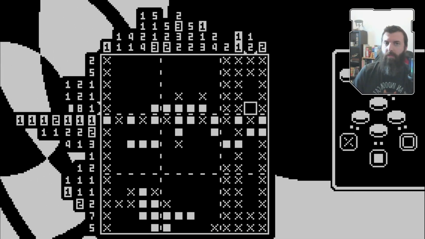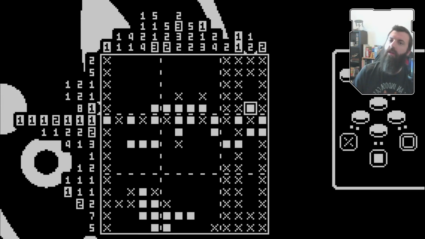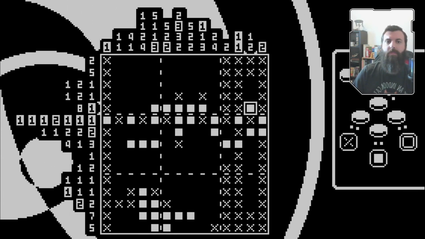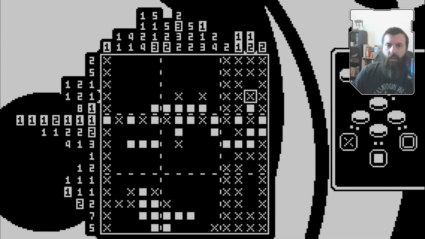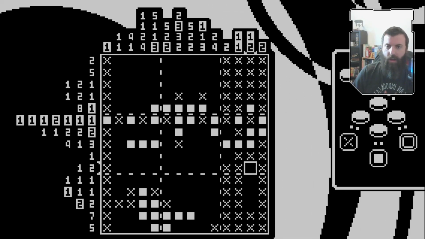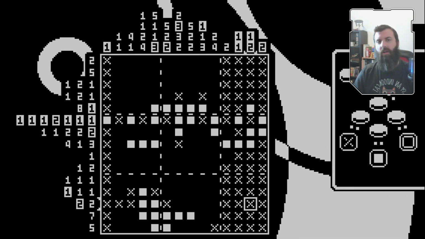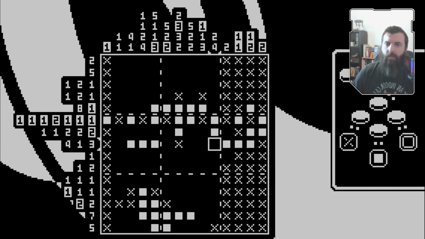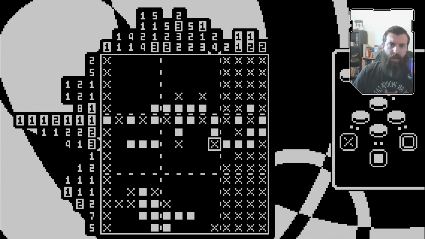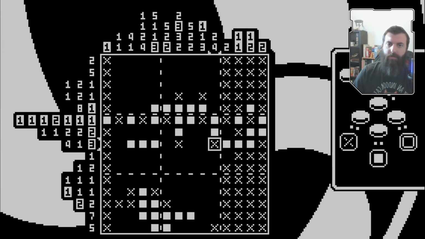That leaves only 1 pixel left for horizontal 8, 1. It does actually tell us where the rest of this column goes, and now we don't even have to think about that column. Done. With that done, we can say, all right, horizontal 3 has to be done here.